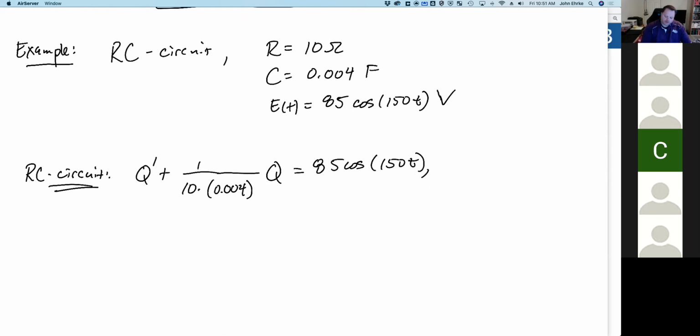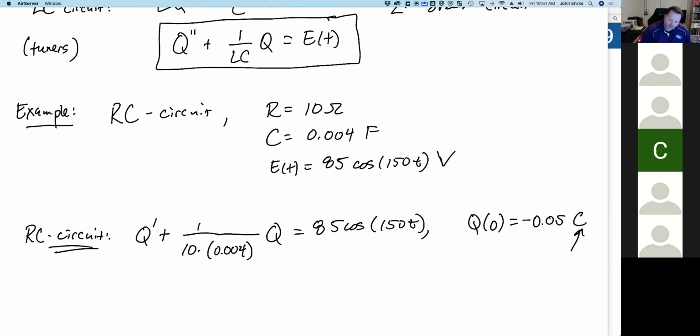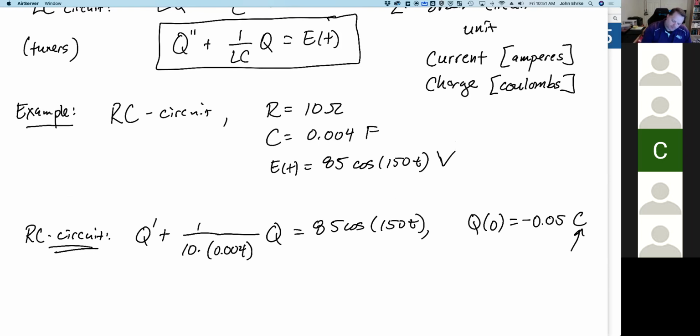And we're told that the initial charge on the capacitor, so the charge at time 0, is negative 0.05 coulombs. I didn't give you the units for charge and current earlier. I should do that now. The units for current are amperes or amps, and the units for charge are coulombs. So the initial charge on the capacitor is in coulombs.